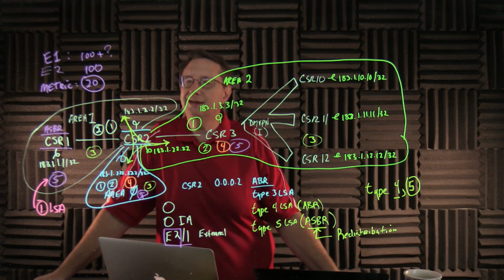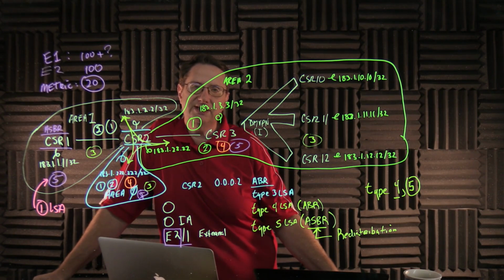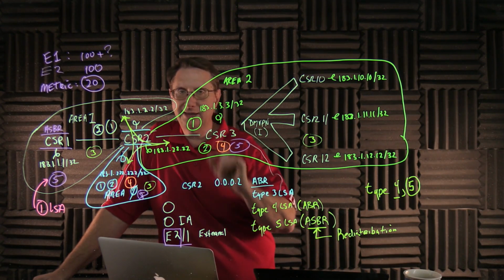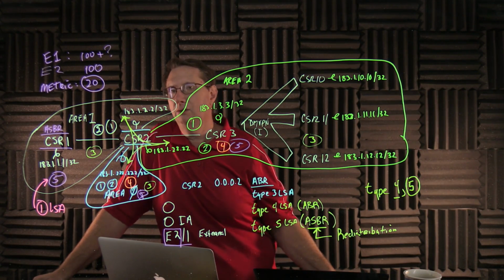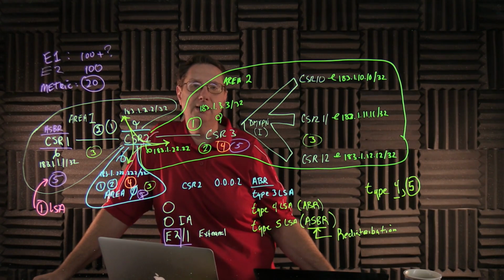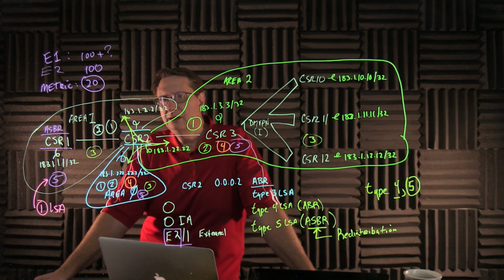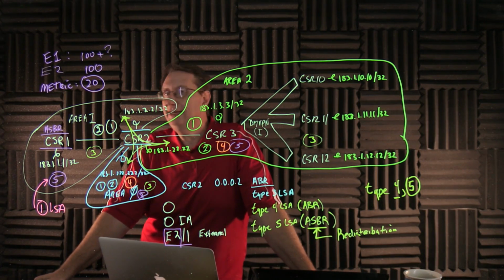And we really can't talk about this next LSA until such time that we talk at least about one area type, and that's going to be what we refer to as a stub area. Now, stub areas are very, very interesting because a stub area says I don't need to learn any type 5 addresses.